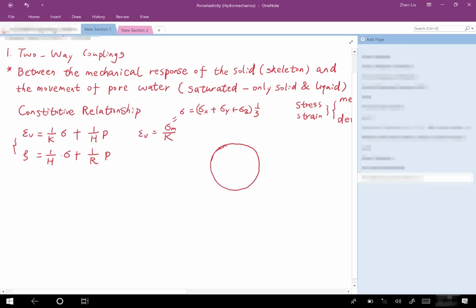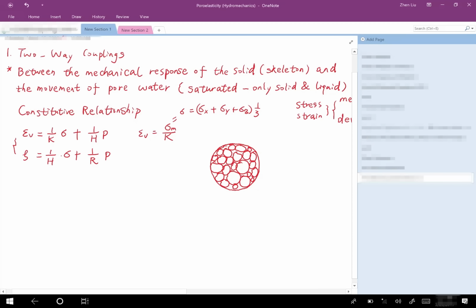In the balloon, we have a lot of particles, to form a very typical porous material. So this is the porous material.